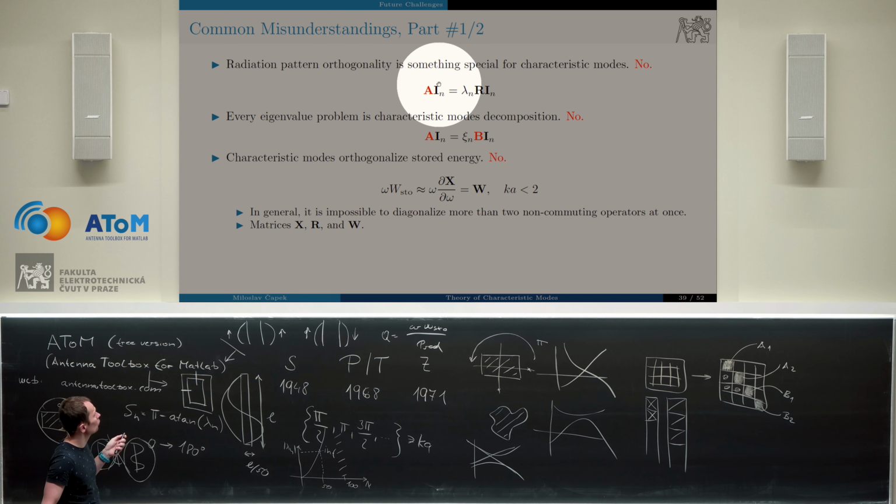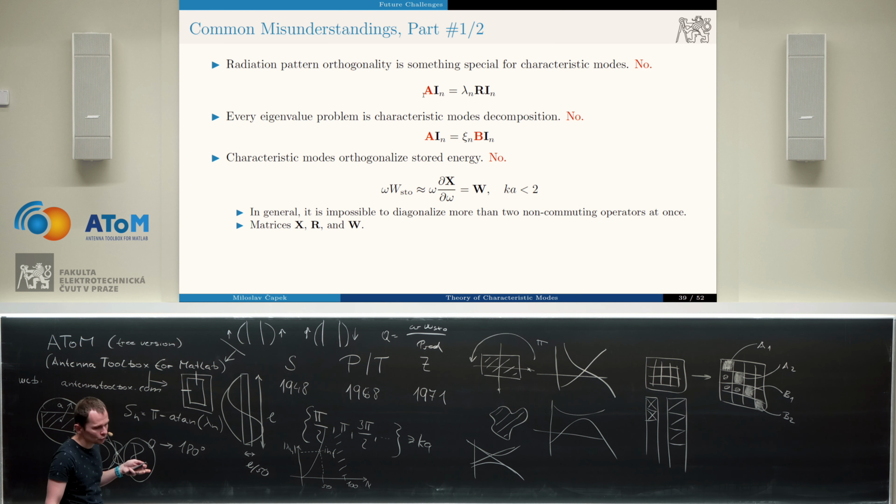So A could be not only the X matrix, it could be a stored energy matrix, it could be an ohmic loss matrix, and still you will get a set of modes which are orthogonal in far field. So this is a very useful property in characteristic modes, but it's not a unique property to characteristic modes.